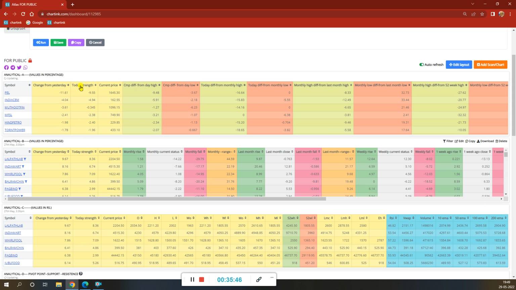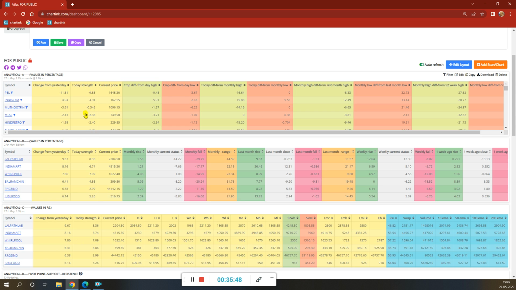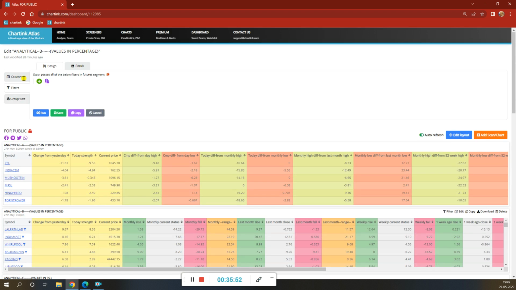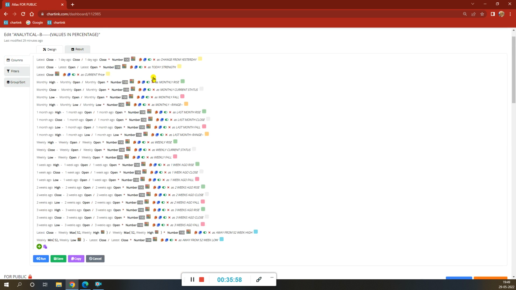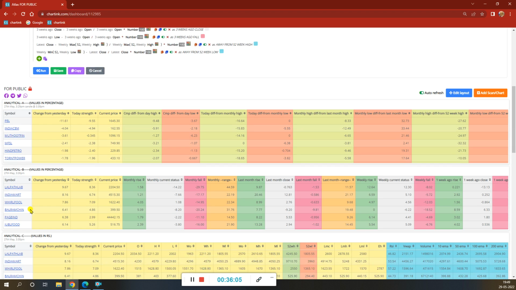If someone doesn't want to use today's strength, which I do, they can simply go to this, hide it, and then save it. It will not be visible to you then. Whosoever would like to do it, that is up to you.